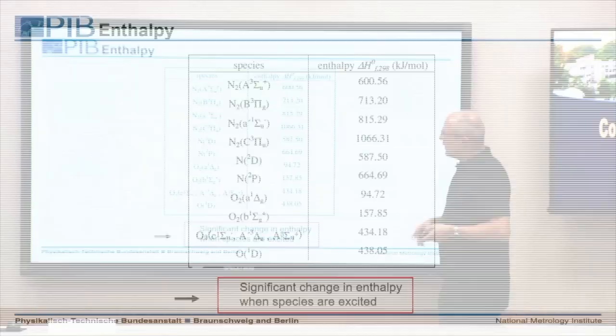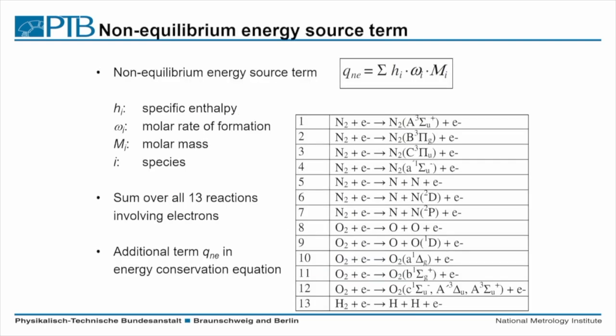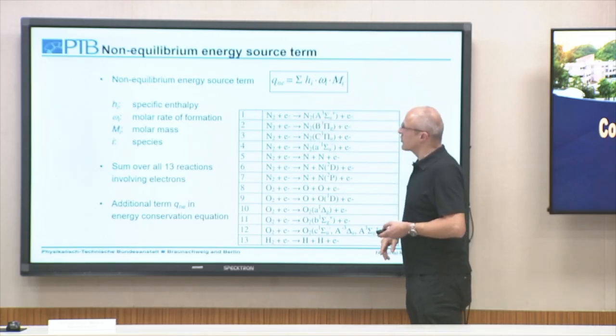So here we have some species with some enthalpy we need. These are the equations we are considering here. So we have 13 reactions where we have this electron impact effect, and of course this has a specific source term here too.